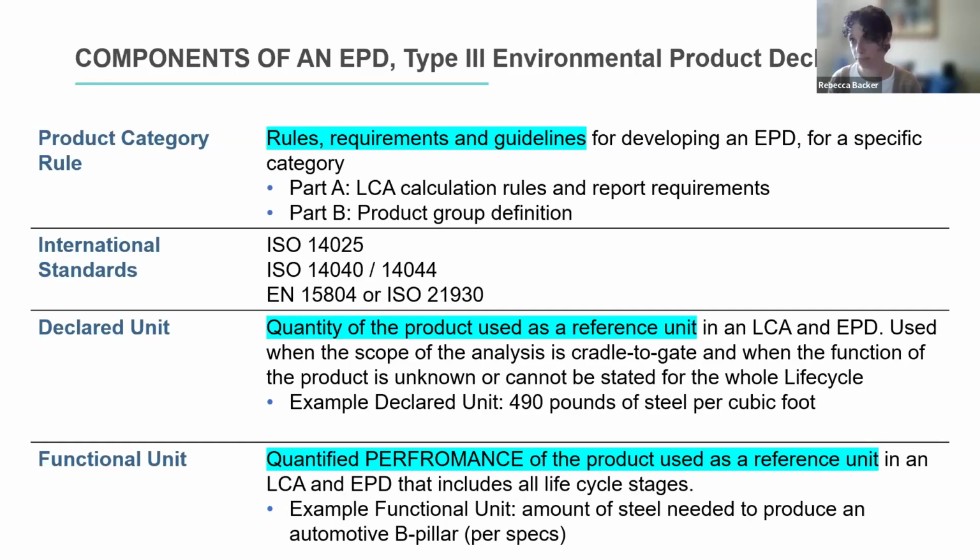When you're looking at an EPD, you'll generally see that most of them follow at least 2 PCRs. The Part A PCR is just going to be a generic set of rules that the program operator requires anyone who's coming to them for verification to follow. And then the Part B is where you'll see it become more specific to the product, again, like conduit or insulation.